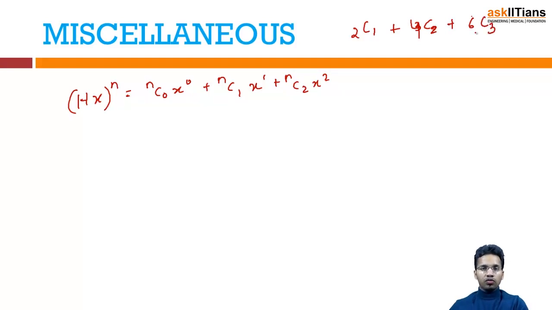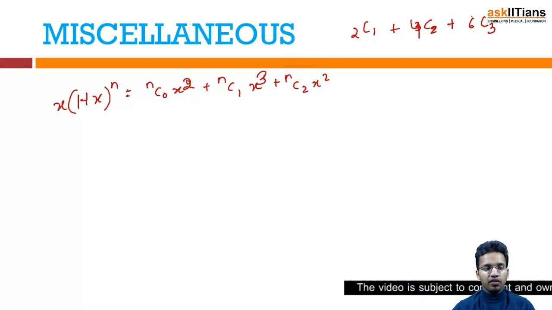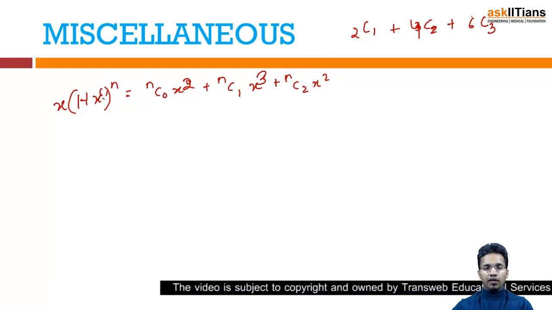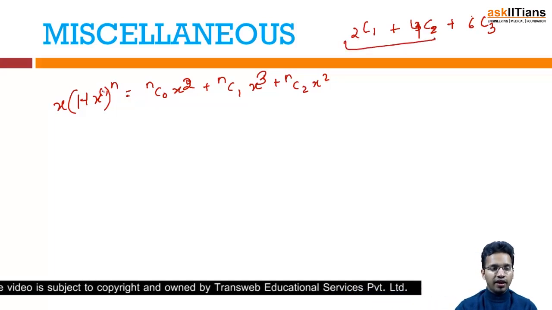Now what do we do? In this case, even if I do x square of this, I will have 3 only. So here we have to change the power of x, instead of multiplying by x. If the gap is 2, we will use x square here.